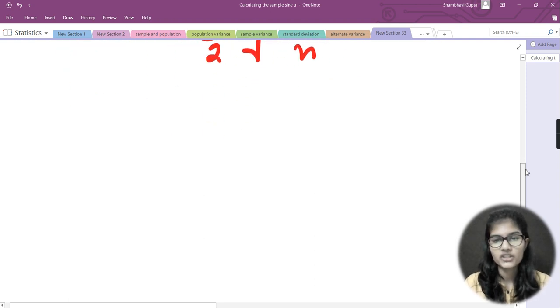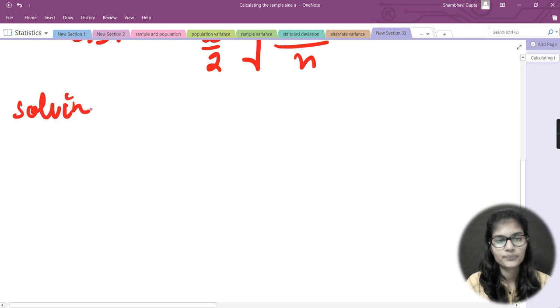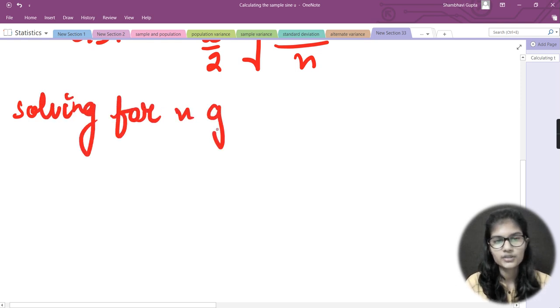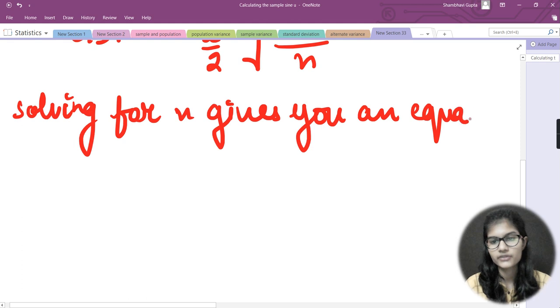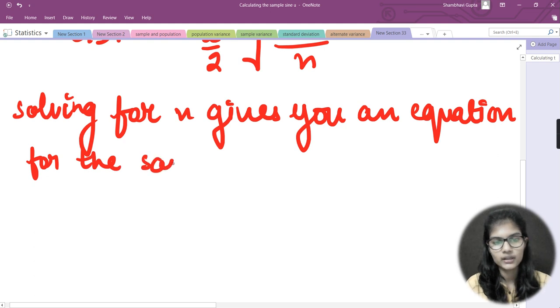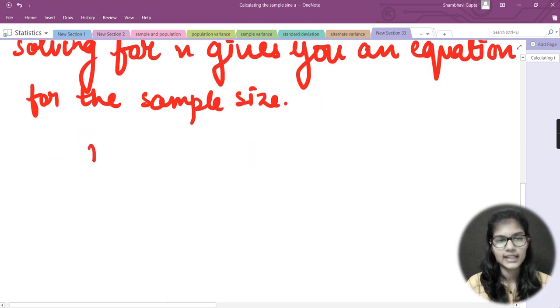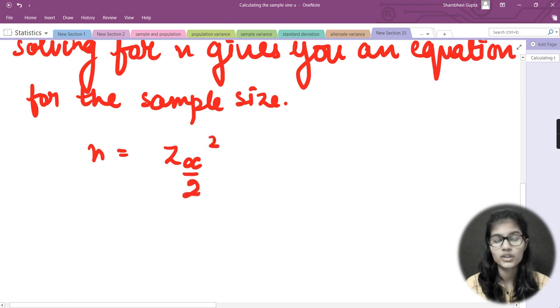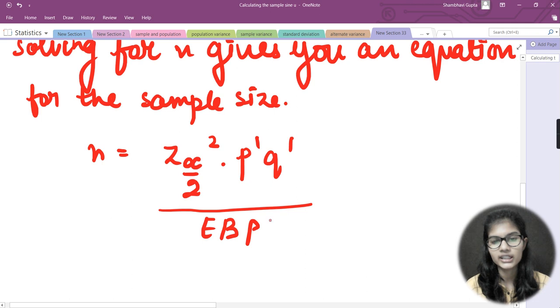So solving for n gives you an equation for the sample size. n is equal to Z of alpha by 2 whole squared, and this is actually whole squared, do not take it as a simple square, multiplied by P dash Q dash, and divided by EBP squared.